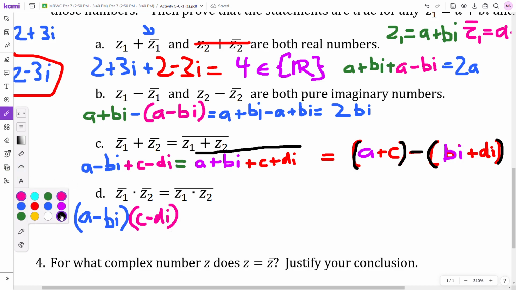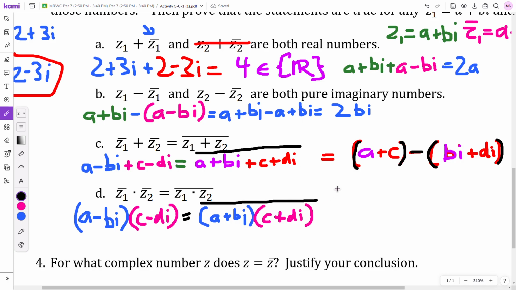And this has to equal those originals, so A plus BI, times C plus DI, and then you take the conjugate of all this.